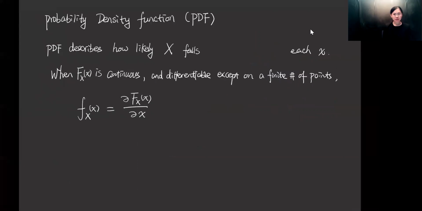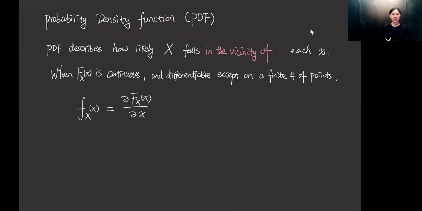CDFs for continuous random variables do not have jumps. And in fact, CDFs for continuous random variables are continuous. For continuous random variables, we can define another function that also describes its distribution, which is the probability density function, or PDF. The probability density function describes how likely X falls in the vicinity of each x.